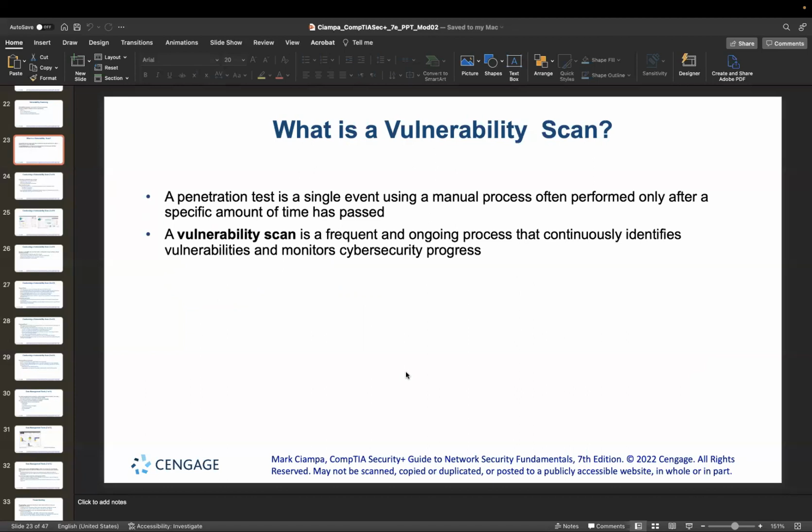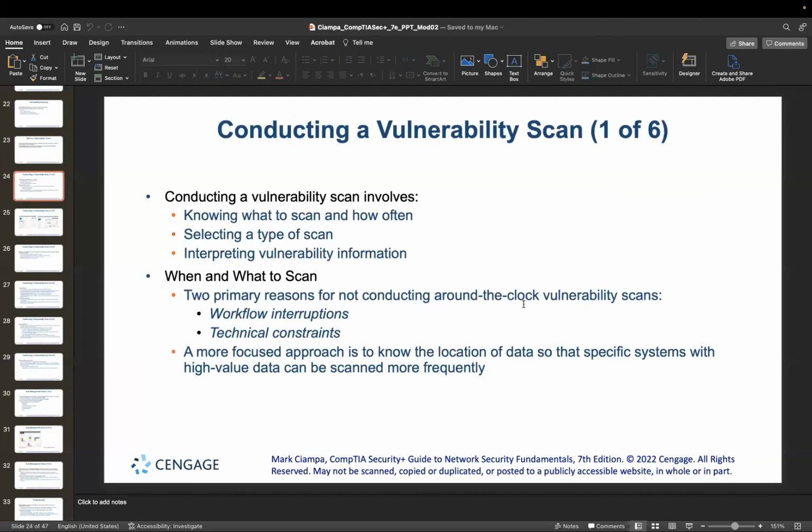It continuously identifies the vulnerabilities and monitors the cybersecurity progress and posture of a network or system. You have frameworks that know what the common vulnerabilities are. You test your system against those to see if those vulnerabilities exist on your systems, and you do this on a regular basis. Enterprises run these on a daily basis and update the report. So at any given time, you can go to the reports of the vulnerability scan and see what vulnerabilities are available in your system.